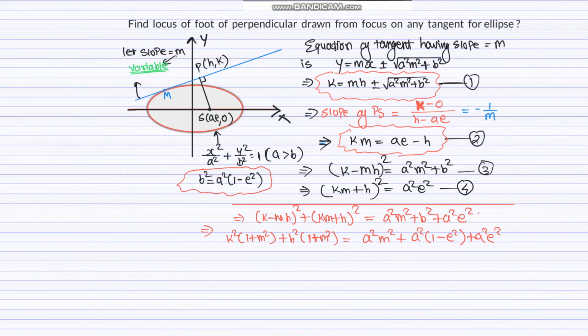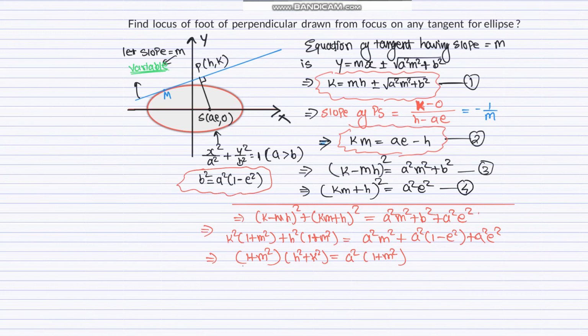So minus A square E square and plus A square E square will get cancelled out over here. Okay, 1 plus M square will be common and we'll get H square plus K square on the LHS equal to A square plus A square M square. So let us take A square as common. We'll get 1 plus M square in the bracket.